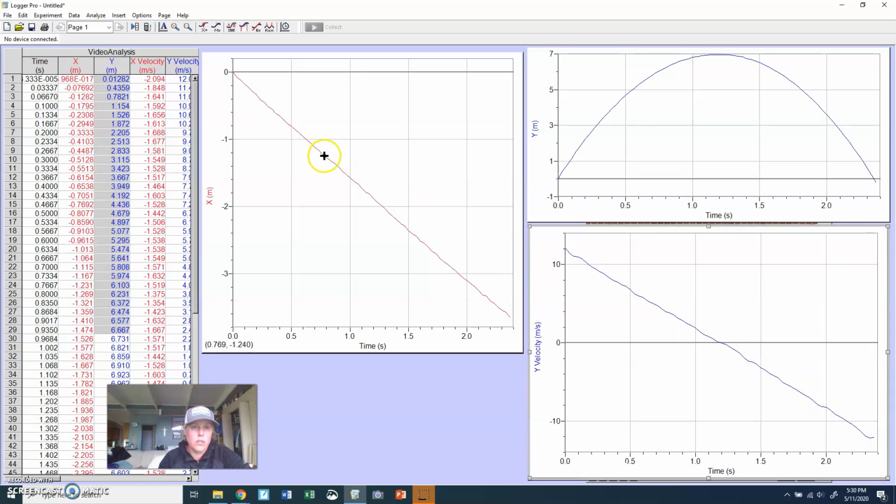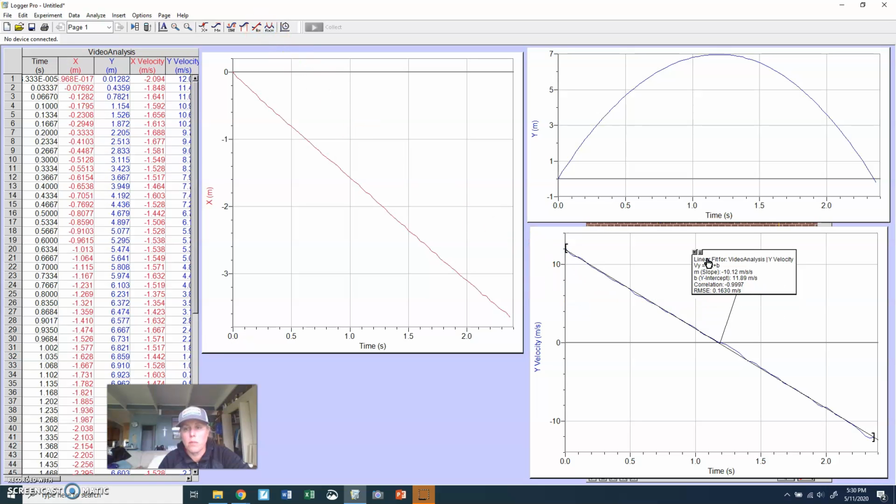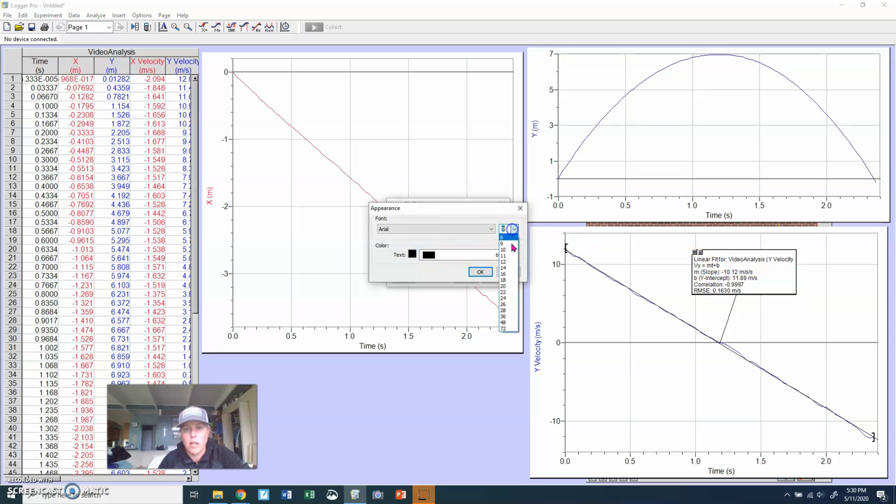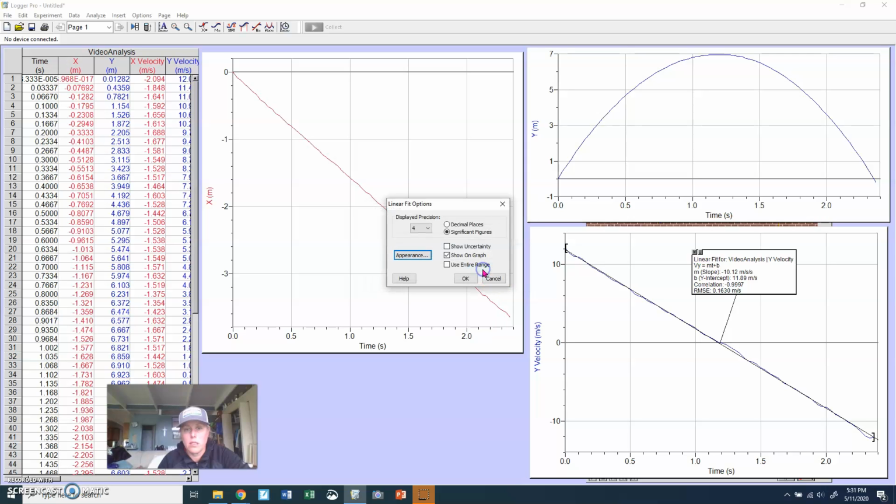Now what I'm going to do also in this video, and I hope I have the scale right, is a linear fit. That looks pretty accurate. I'm going to move this, and I know you can read that, but I'm going to make that a lot bigger.